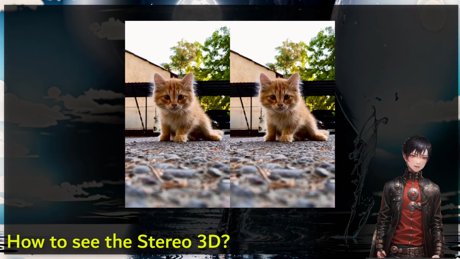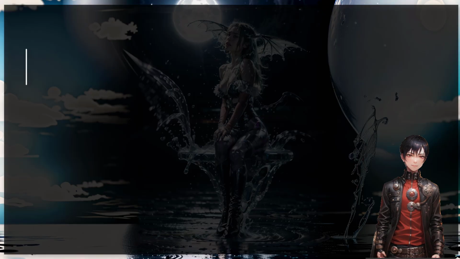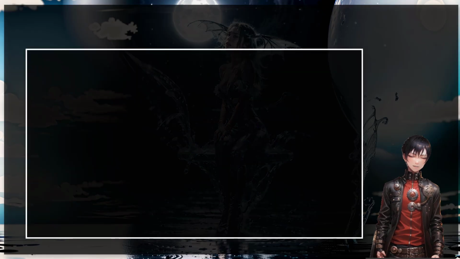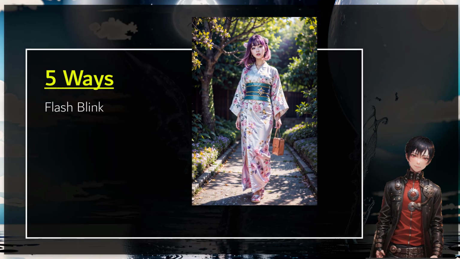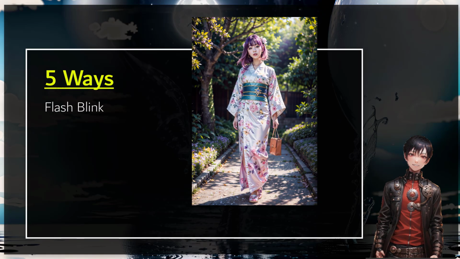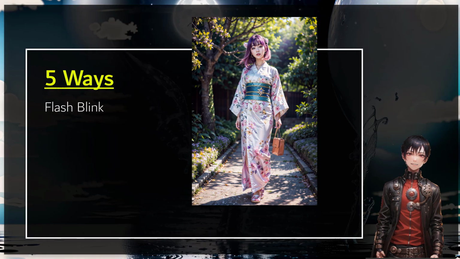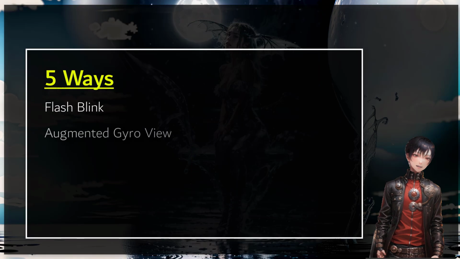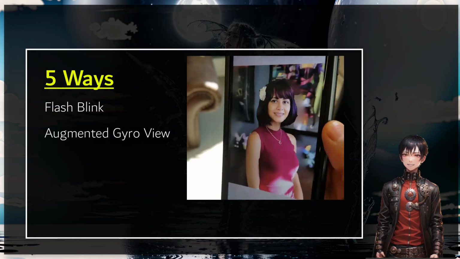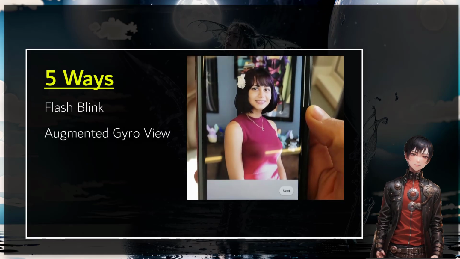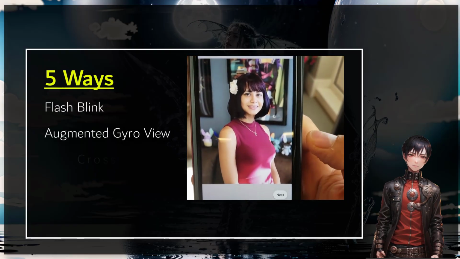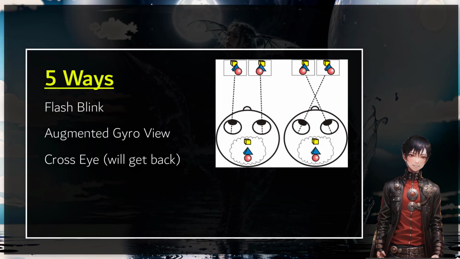But going back to the root, how do we see stereo 3D? How do we see the 3D of it? There are 5 ways. In fact, there are more, but let's go with 5. There's the fast blink, where you just rapidly blink between left and right eye. It's fun, you don't have to do anything, but it's not the best way to look at it. There's the augmented gyro view with the phone, so you can flip around the phone and see it.